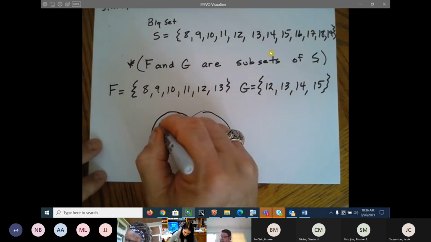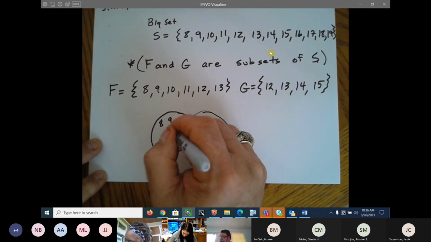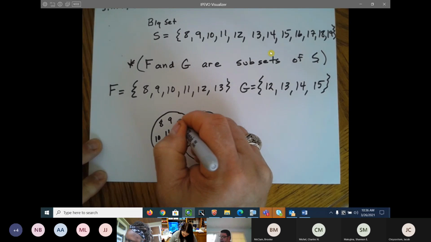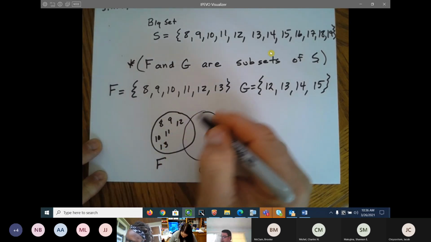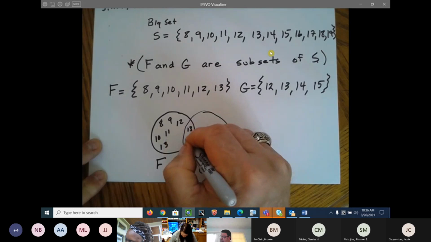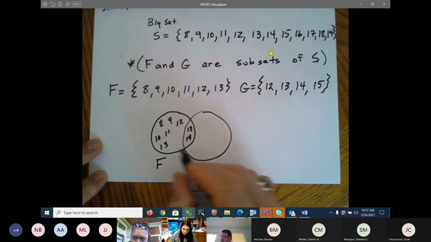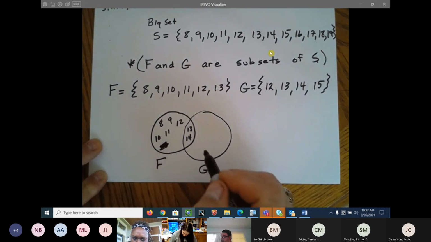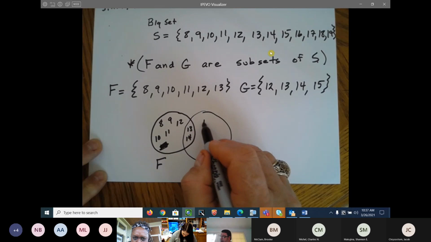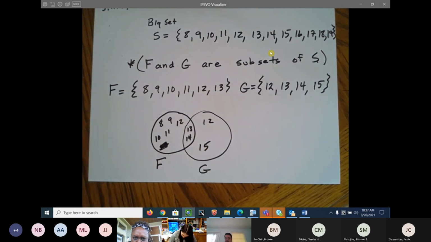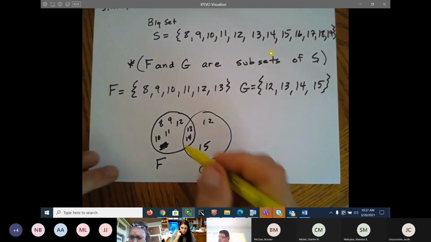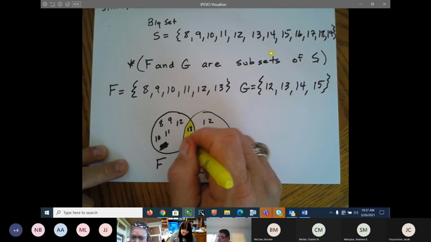We have 8, 9, 10, 11, 12, 13 in F, and over here we've got 12, 13, 14, 15. And of course, what is this little area right here? It's called the what? The overlap.